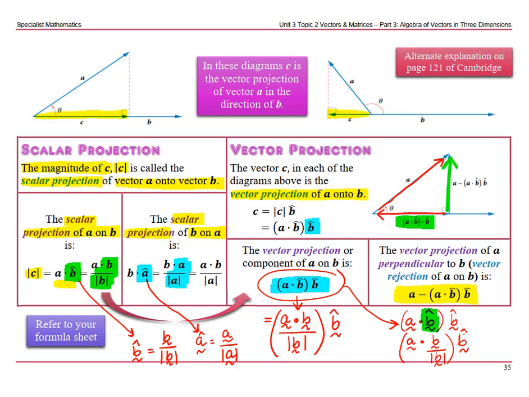You just have to remember that the unit vector of A is A over the magnitude of A, or the unit vector of B is B over the magnitude of B. So digest this video before watching the videos that go through some examples.